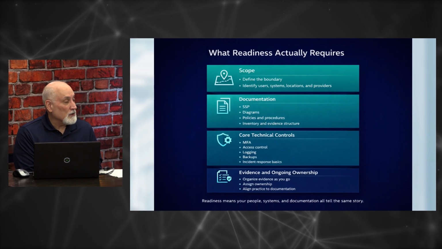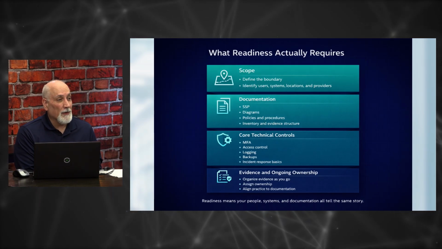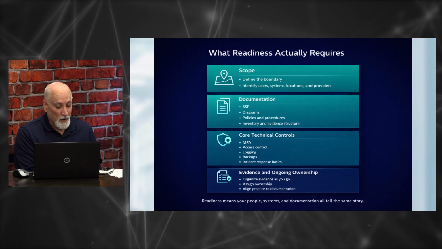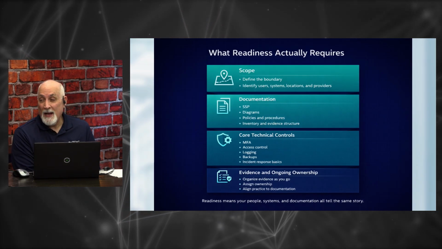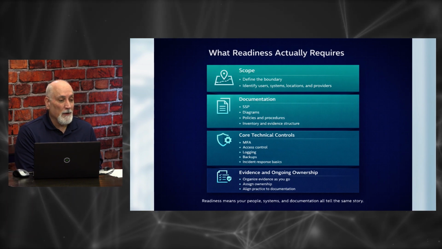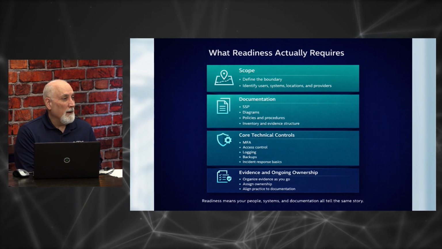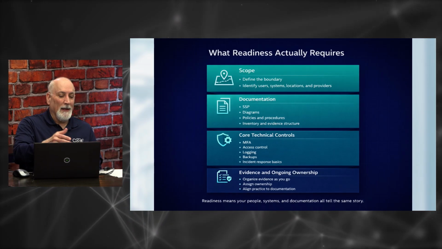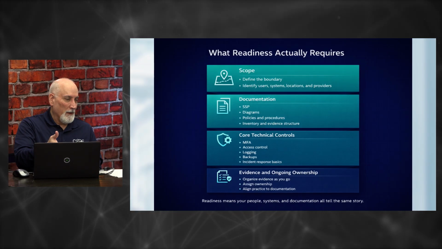Then you've got the actual technical security controls on your systems, like multi-factor authentication, access control, logging, which I didn't have any idea how big a deal that was. But every computer system, every phone, every device keeps track of all the activity, either that the user is conducting with the keyboard, or what's going on in the network behind the scenes.